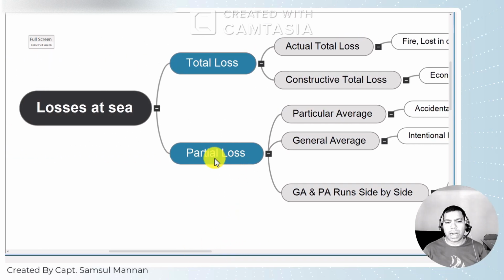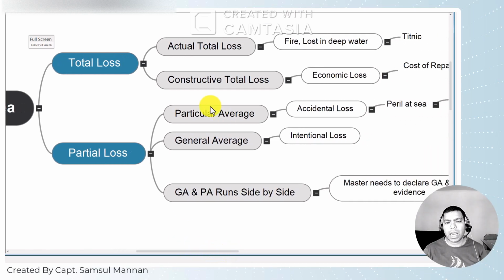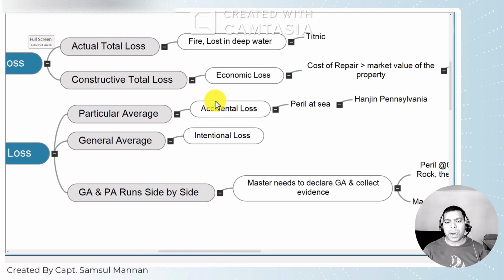Besides that, we have another type of loss which is called partial loss, which is very common in our maritime industry. This partial loss can also be categorized into two categories. One is particular average, another one is general average. Let us see what is particular average. Particular average is the accidental loss, right?